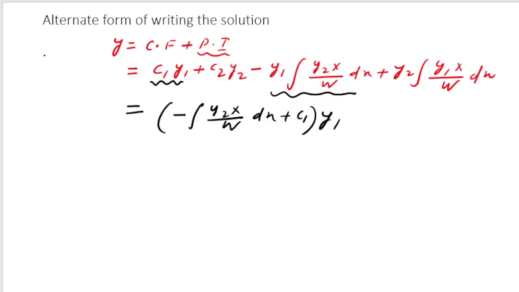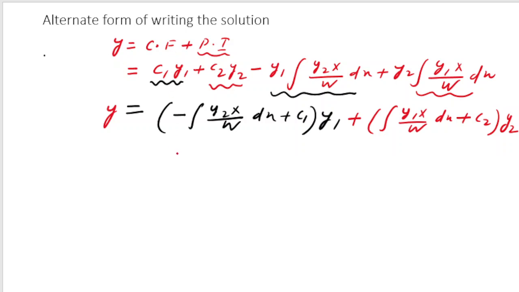And if I take the other two terms, I get plus this integral, y1 X by W dx, plus c2, multiplied by y2.